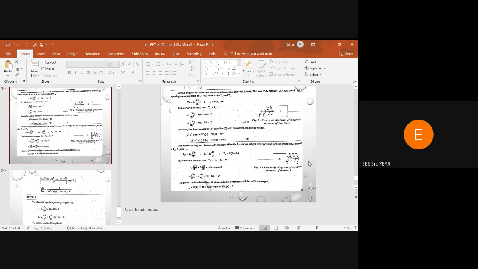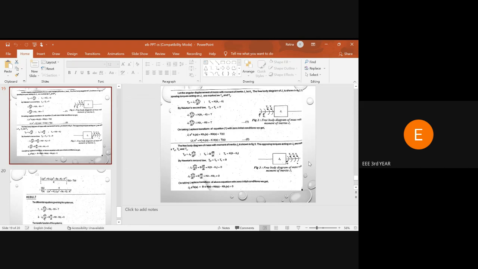We all know that the opposing torque due to the moment of inertia J2, Tj2, equals J2 into d square theta divided by dt square, the opposing torque due to the damper, Tb, equals b into d theta divided by dt, and the opposing torque due to the spring, Tk, equals k into theta minus theta 1.